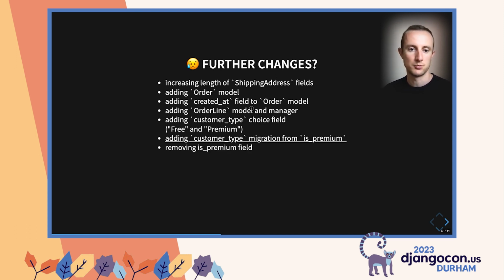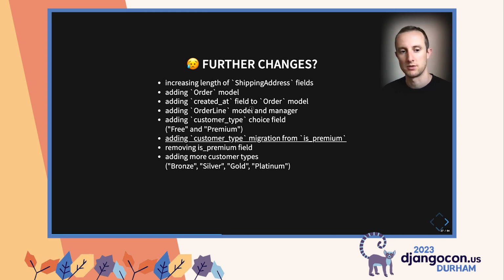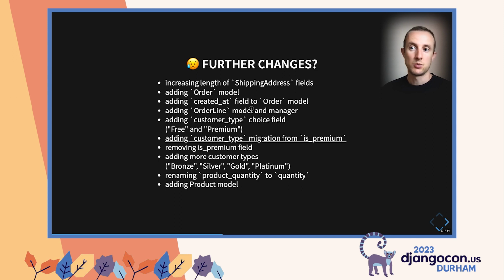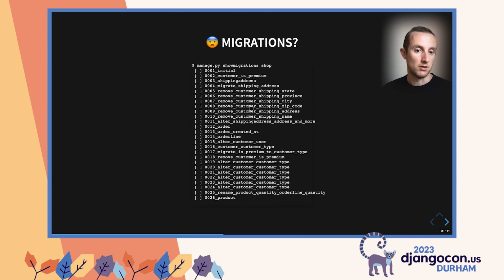Then remove the is_premium field, and then again business asks for bronze, silver, gold and platinum customer types, so we need to add them, rename product quantity to quantity just for clarification, and so on. So adding product model. This will end up in a lot of migrations.